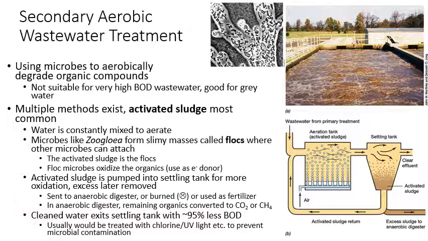So this process is pretty efficient. You can actually remove about 95% of the organic compounds from that wastewater, so that you end up reducing the BOD by around 95%, assuming that you didn't start with water that was too high in BOD in the first place. So, as long as you were using gray water, it should be fine.